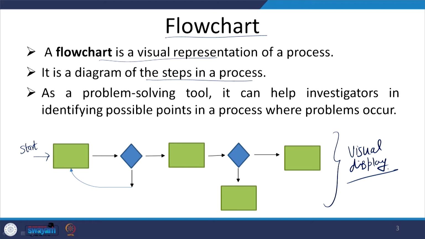In our operations management, there are standard practices to develop the flow chart. There are proper symbols which we use for representing different types of activities. For an example, because we do not want to get into the flow chart only in this particular session, this particular symbol is a symbol for decision making.